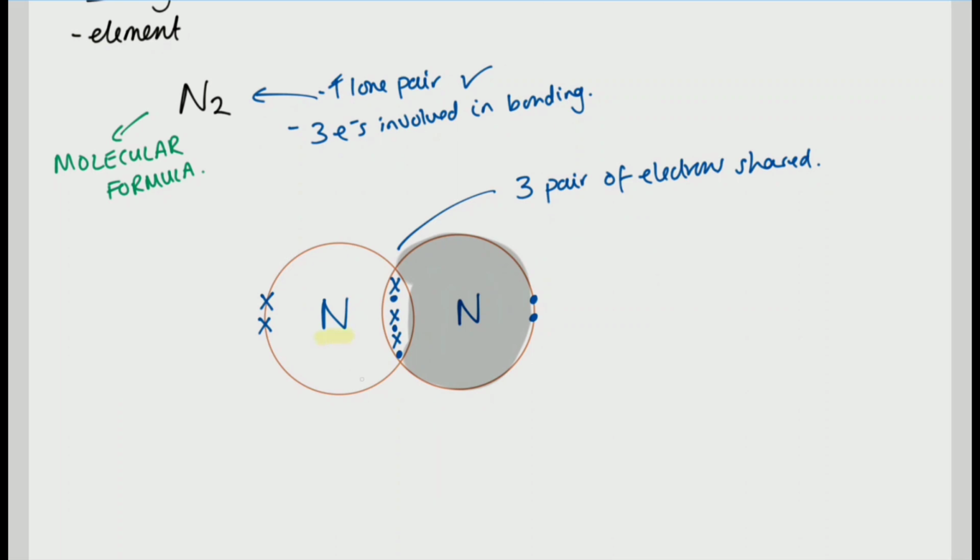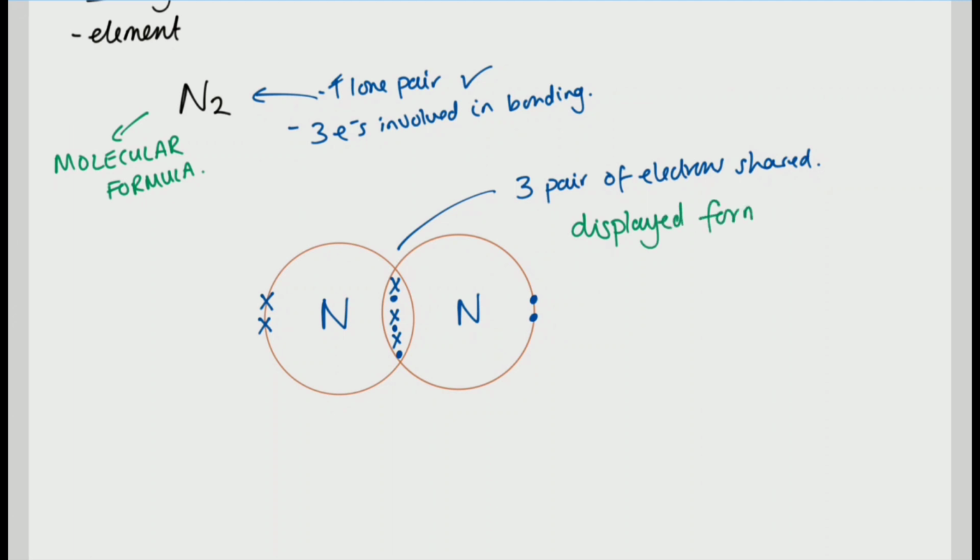There'll be 1, 2, 3, 4, 5, 6, 7, 8 electrons for this nitrogen atom. And let's do the second one. There'll be 1, 2 in the lone pair, 3, 4, 5, 6, 7, 8 electrons for that nitrogen atom. So both the nitrogen atoms are stable, they have full outer energy levels. So this is the correct dot cross diagram of nitrogen.